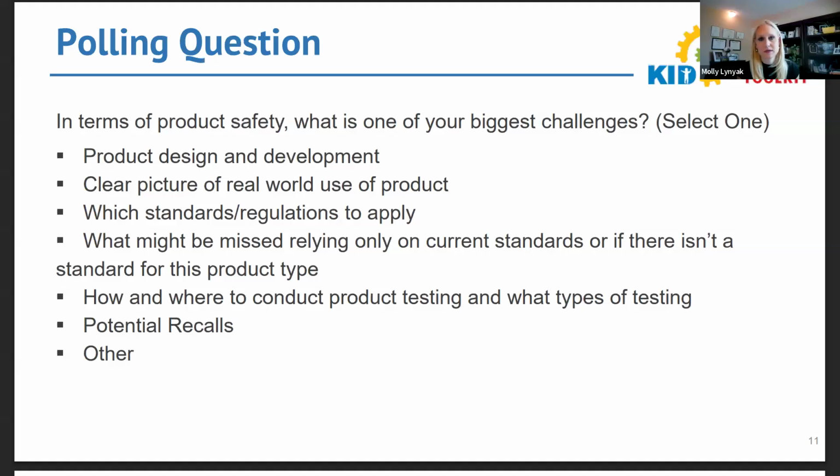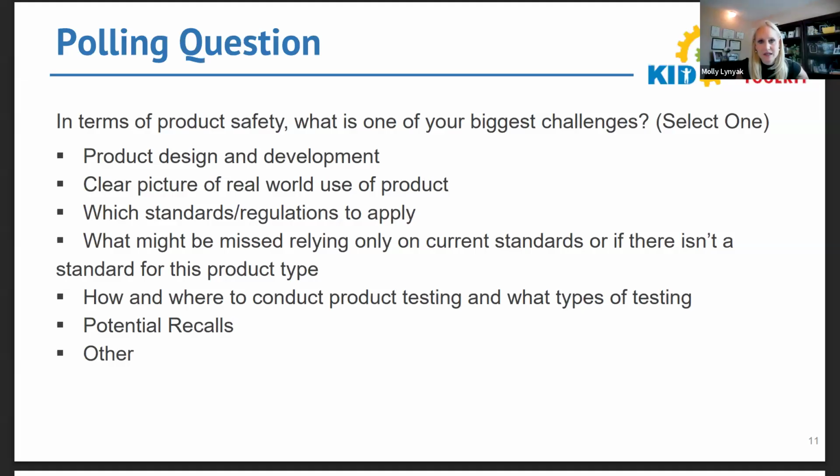I still see some responses coming in, and I see the response on which standards and regulations to apply as one of the leading responses. So if it's standards, come to me. If it's regulations, we have a ton of great partners at our government agencies we can link you up with. All right, so we'll go ahead and close that, but it looks like standards and regulations are one area.